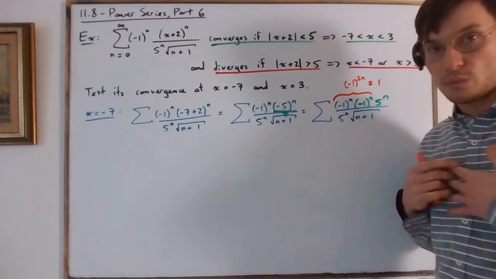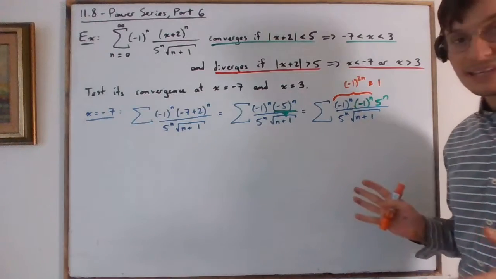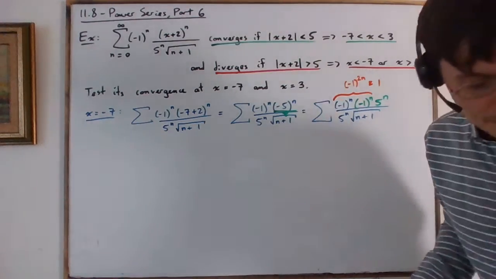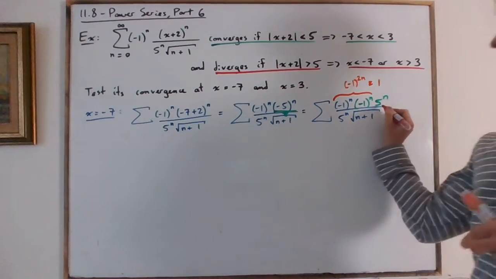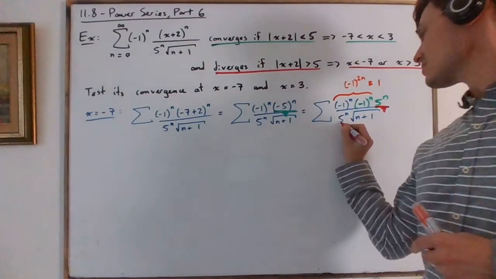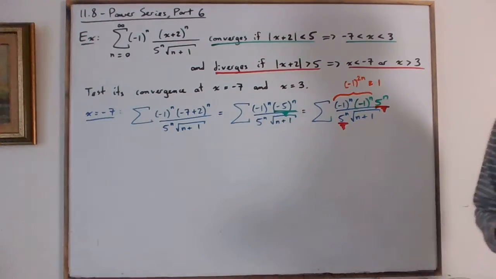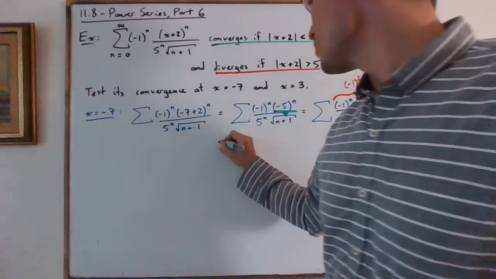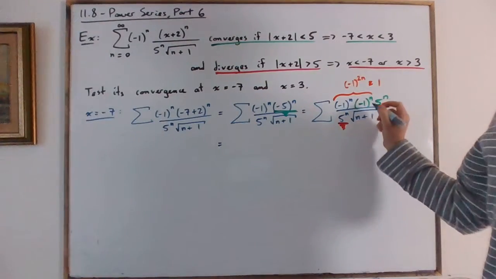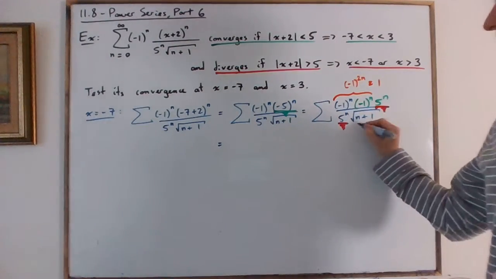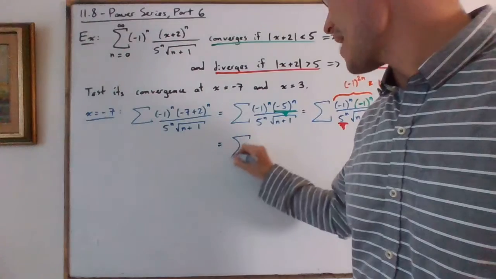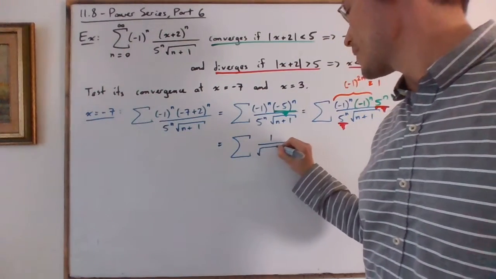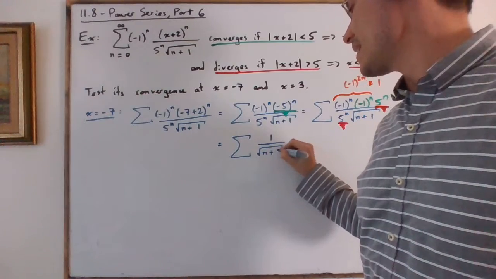So you get 1 in every single case. The second thing that happens is that this 5 to the n cancels with the 5 to the n over there. So everything cancels. The only thing remaining is at the bottom: you have 1 over the square root of n plus 1.